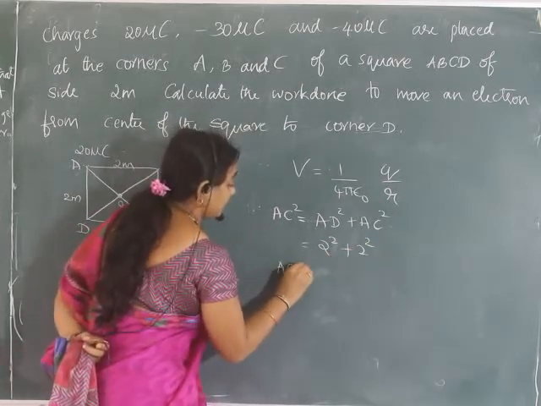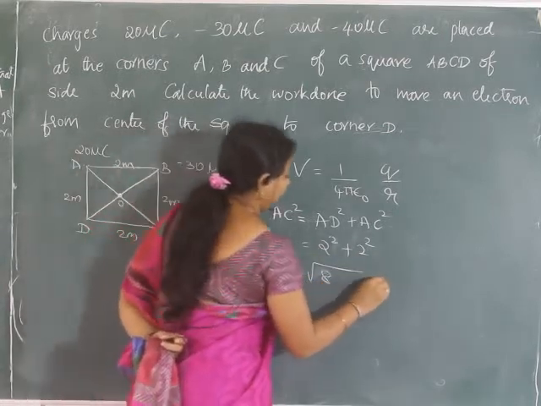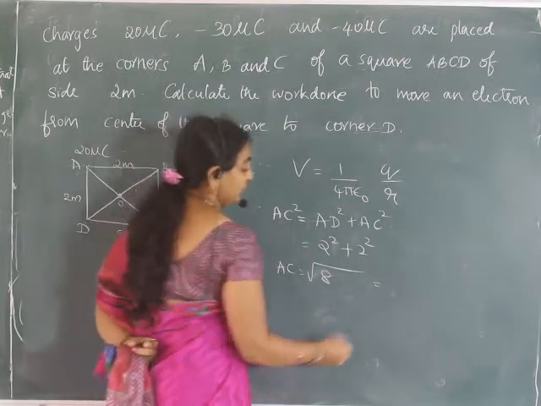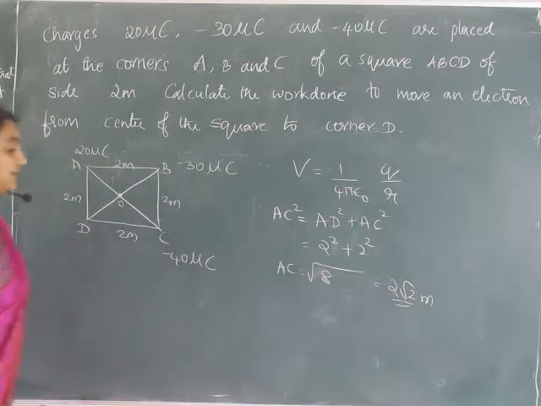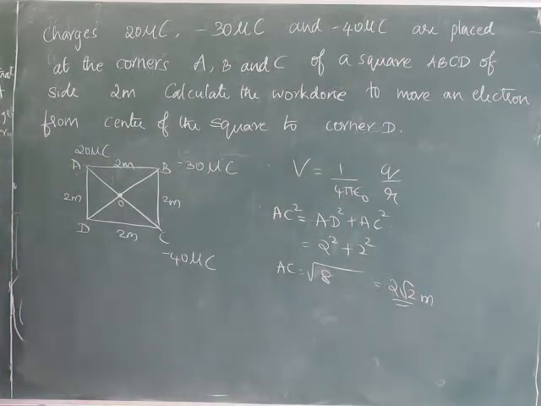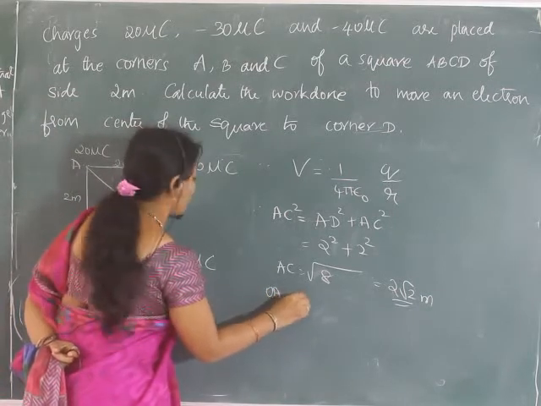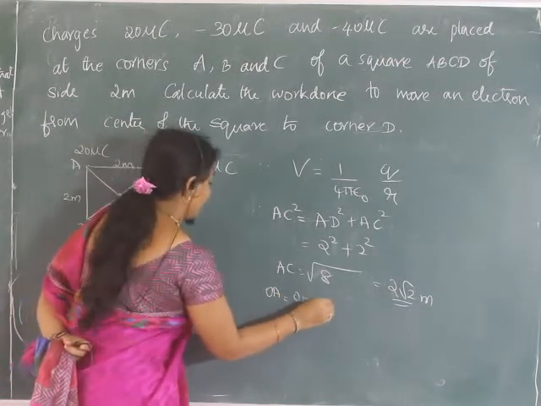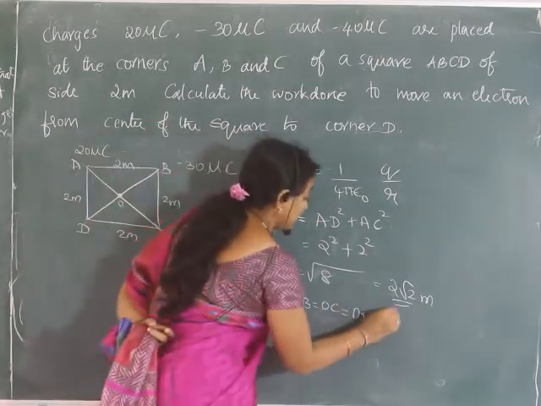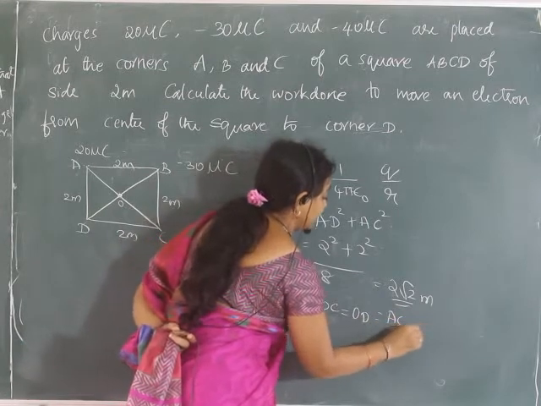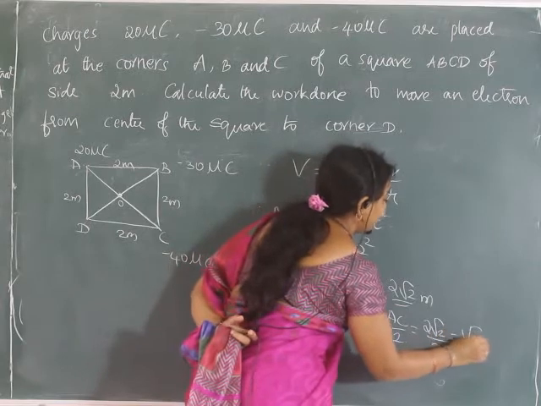AC is equal to square root of 4 plus 4, which is 8, or I can write 4 into 2, that is 2 root 2 meter. AC is equal to 2 root 2 meter. But OA is equal to OB is equal to OC is equal to OD in the square, which is equal to AC by 2, that is 2 root 2 by 2, that is root 2 meter.